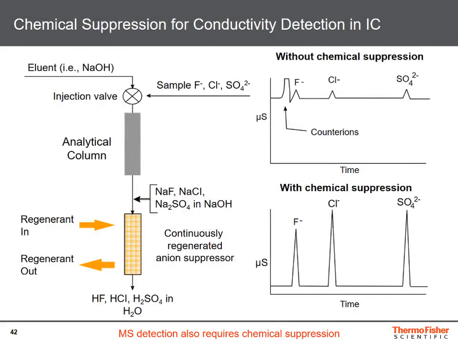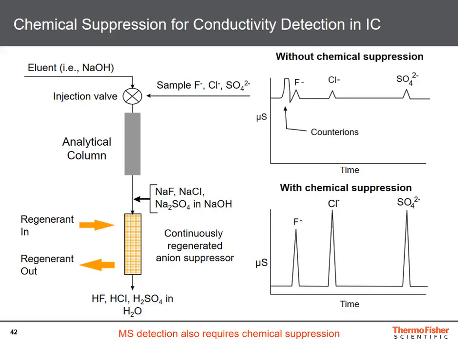We already heard that conductivity detection is the most important detection system in ion chromatography. We also heard that for the separation of ions from an ion exchanger, we need an electrolyte in the mobile phase. If we would position the conductivity detector cell directly behind the column, we would face a fundamental problem of having a very large background conductance due to the large concentrations of ions in the mobile phase.